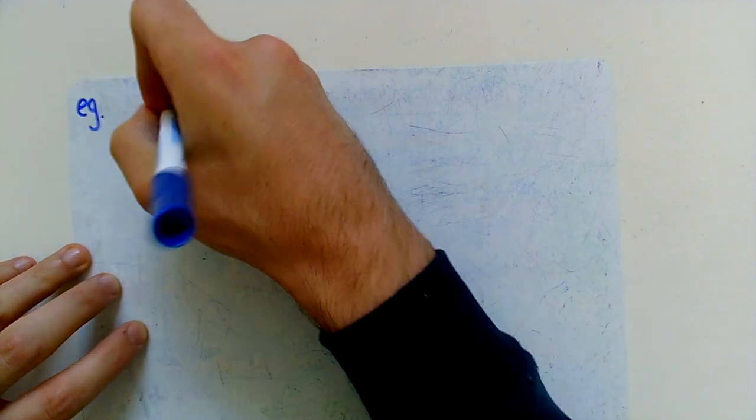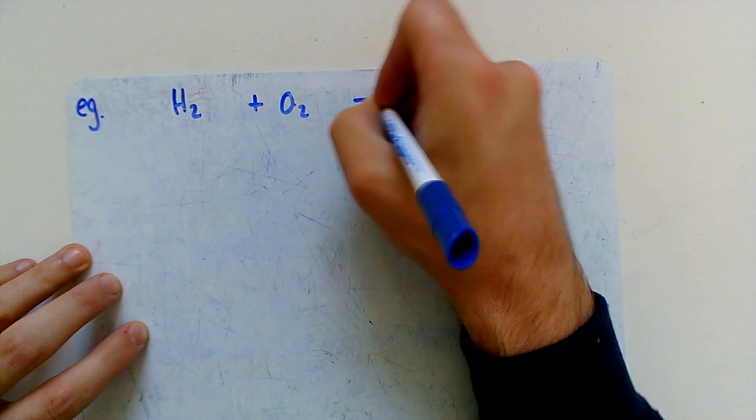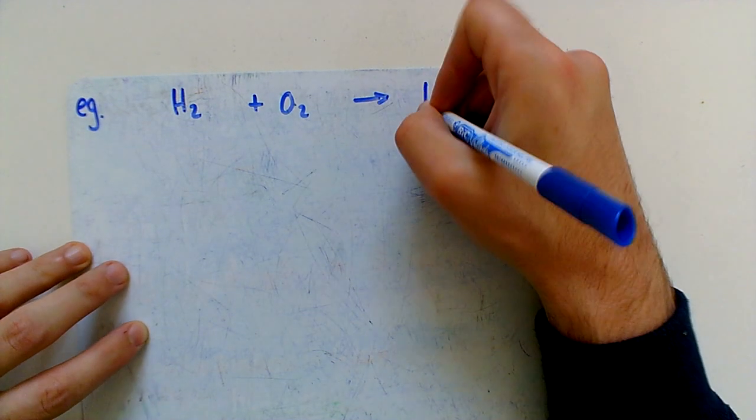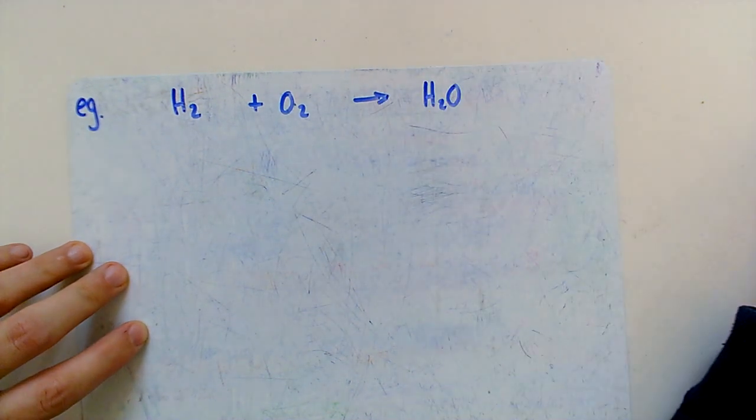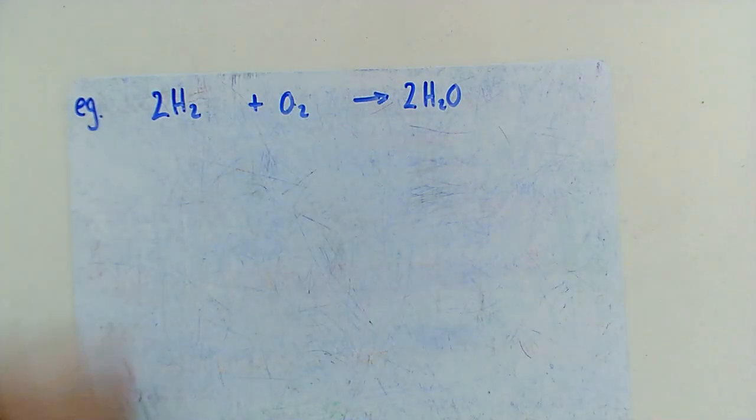So we'll do a second example of one of those. And this time we will do H2 plus O2 going to H2O. And we need 2 and 2.